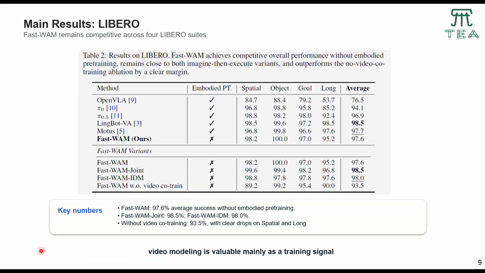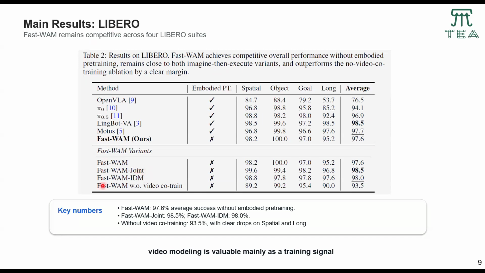And here is another benchmark evaluation. Also, the result trend is the same as the last benchmark. You can see the Fast-WAM model can achieve comparable performance with this embodied pre-training method and has close performance with the joint and IDM variants.